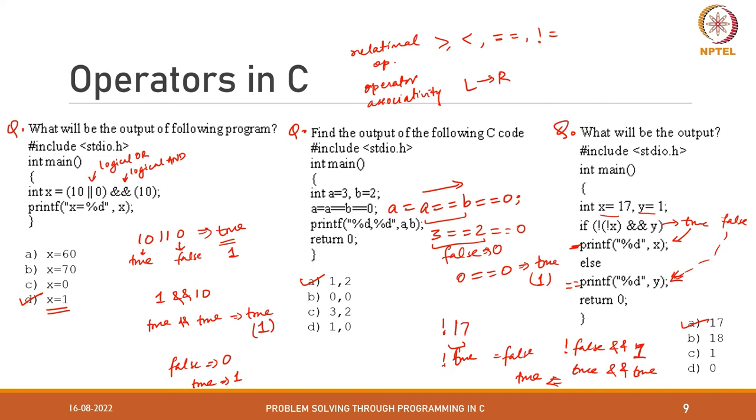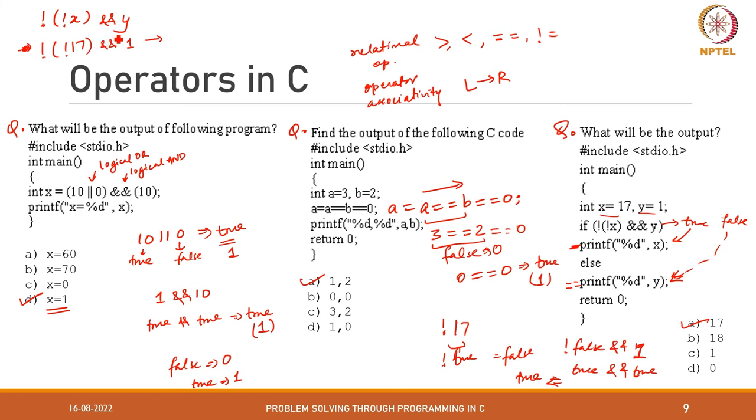Let me again redo that. First, let me write down this expression again, and y. So this is the expression. Now I'll replace it with its variables. The next step will be not of 17 and 1. So what is not of 17? 17 is a non-zero value.